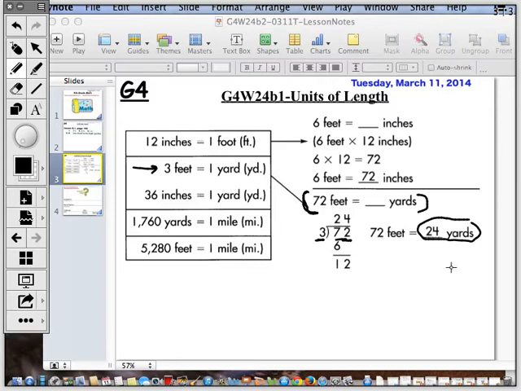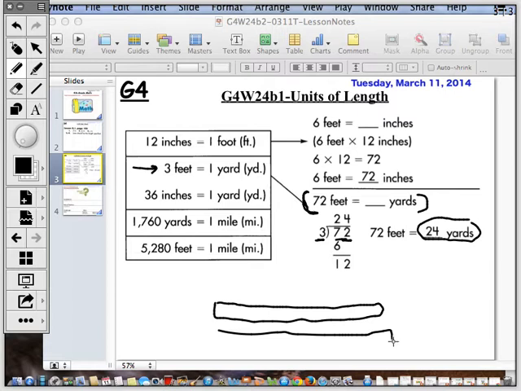So we can look at it this way. If this is a yard, let's say that's a yard, then we're going to draw another box that's about the same, and it's divided into threes because 3 feet equals 1 yard. So we have 1 yard and we have 3 feet.